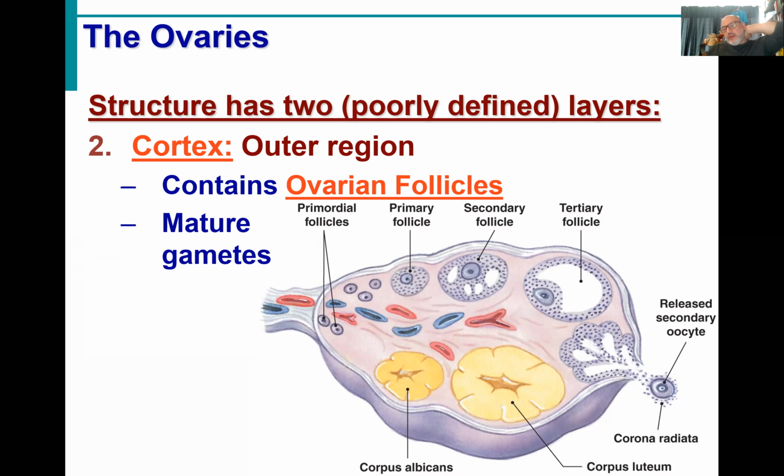This is where we are maturing the gametes. But again, be careful. These are not mature gametes. Let's say it this way: we mature the gametes during these follicles. The follicles themselves do not contain mature eggs.